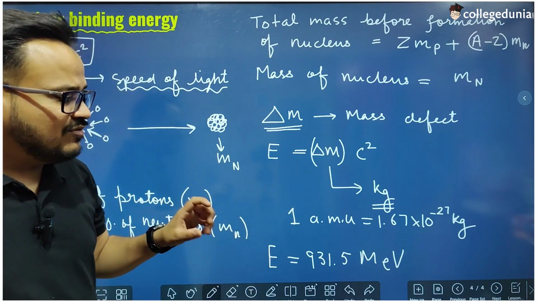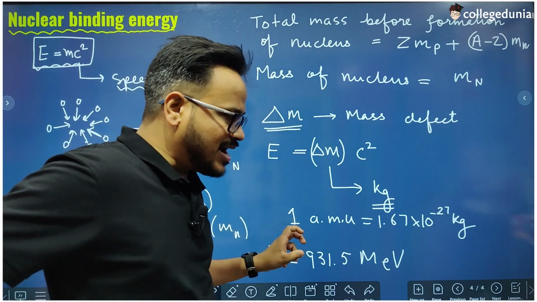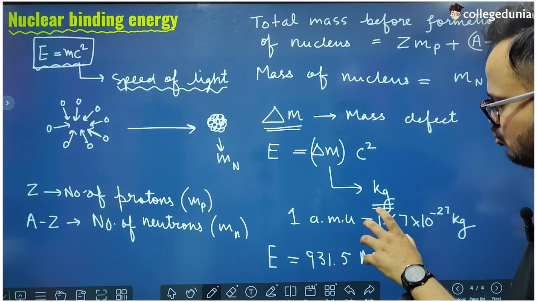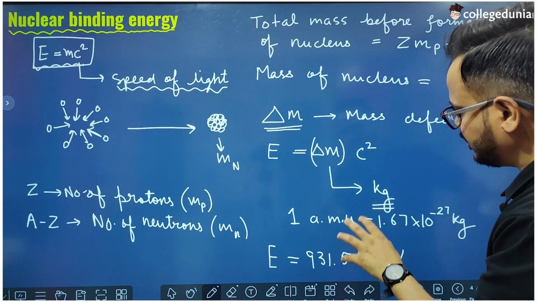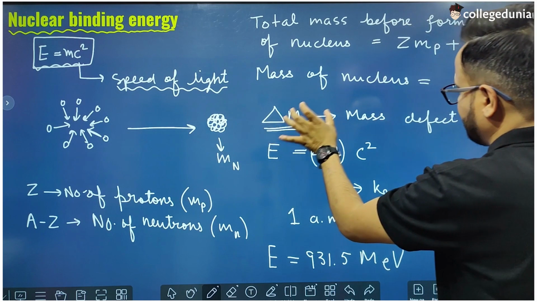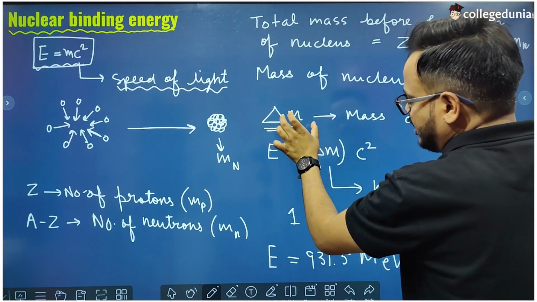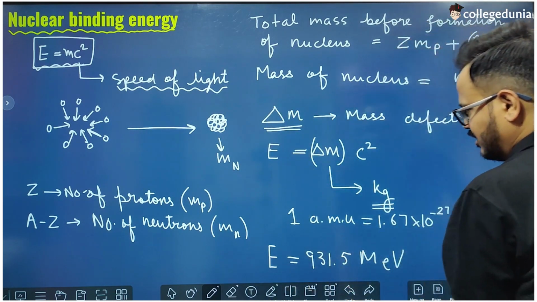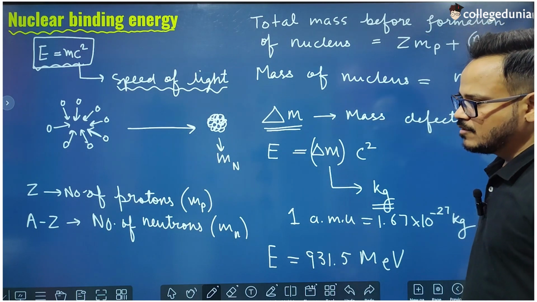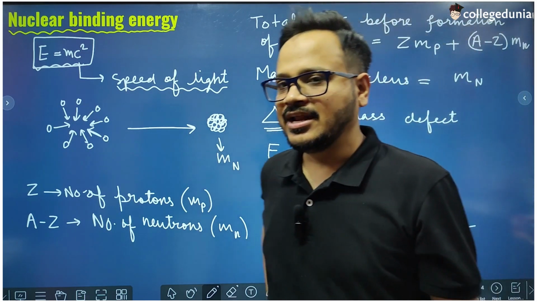So when 1 AMU mass is destroyed, this much energy is released. You just directly multiply the value of delta M, which is in AMU, by 931.5 mega electron volt, and you will get the value of the nuclear binding energy.